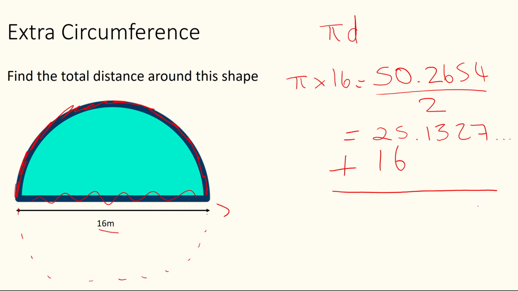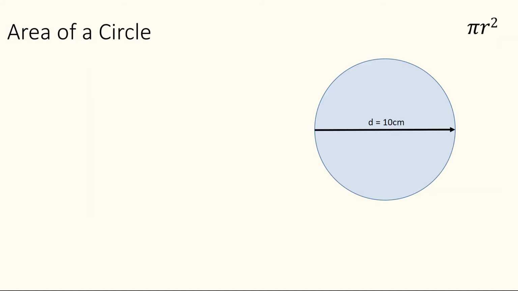So I'm going to add these together. So I've got 41.1327. I'm just going to round it. 41.1, and it's meters. Perhaps it's a weird running track. Okay, let's move on to area.